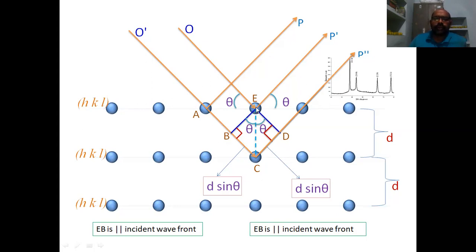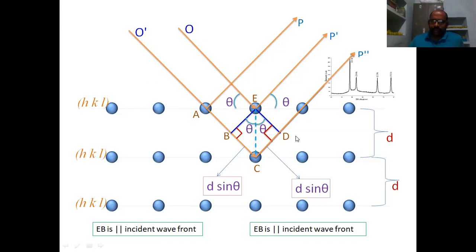Before EB, those two rays have the same wavefront, and after ED also the wavefront is the same. So the phases of the light rays are the same, but if we see the total path length, there is a path difference between these two rays before they reach ED.